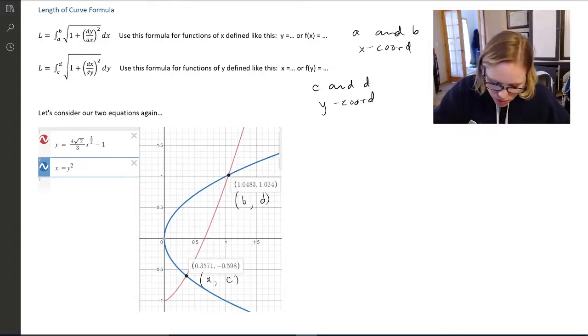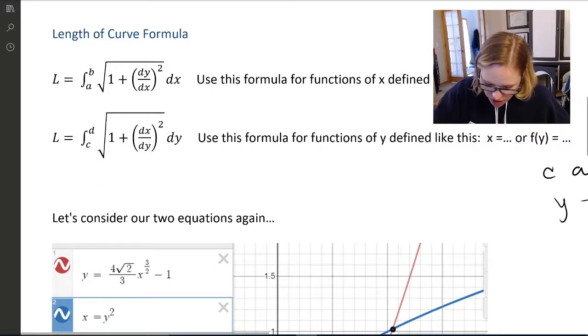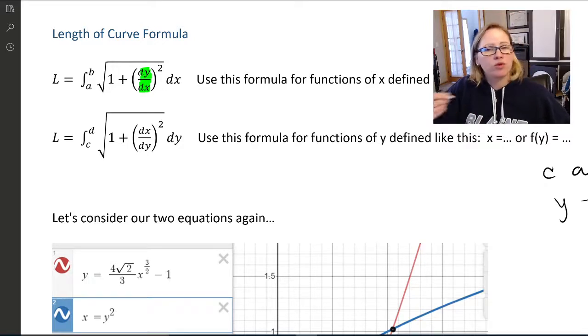And notice when we zoom into these formulas, we've got derivatives floating around on the inside. We'll notice that when we're in terms of x, we're differentiating with respect to x. So that means we're going to do our derivative just like normal. X is our variable. But over here, when we have an equation in terms of y, we will differentiate with respect to y, which means we don't have to consider the fact that we're not differentiating x.